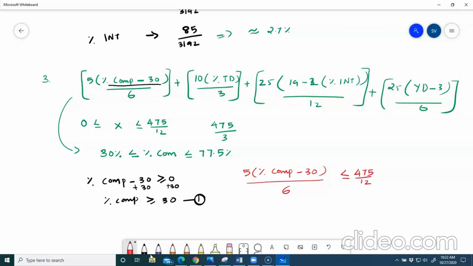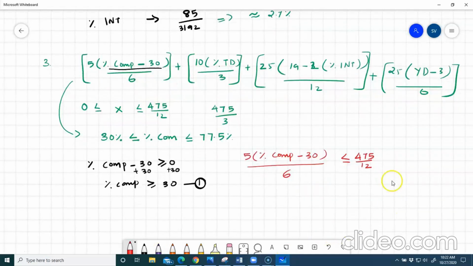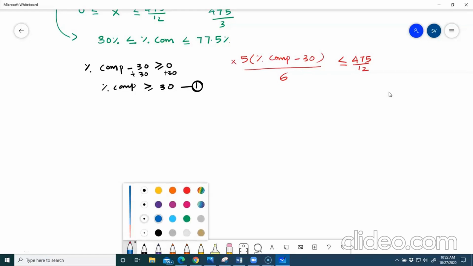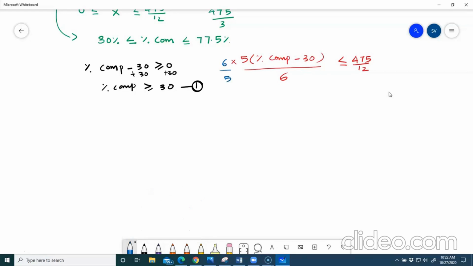Now what we are using is just simplification of this inequality. Eliminate this 5 over 6, for that, multiply both sides by the reciprocal of this fraction, that is 6 over 5.